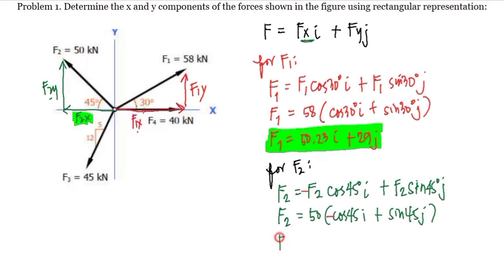We have here F2 is equal to negative 35.36i, and since the sine 45 is just equal to the cosine 45, so we have here plus 35.36j, and this is the answer for the rectangular representation of the force F2.